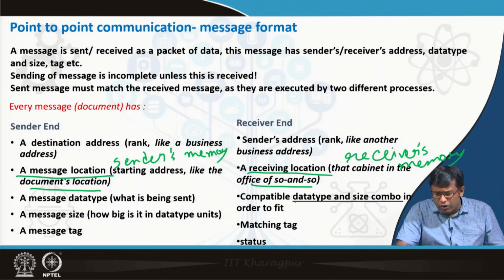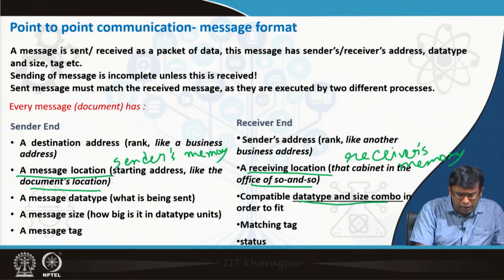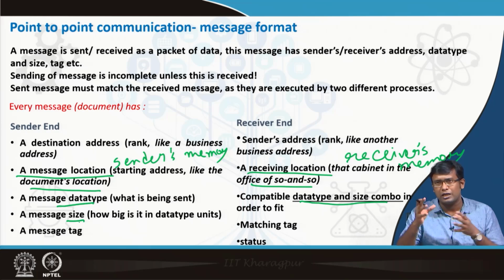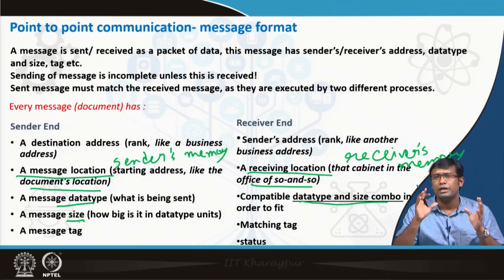It also requires a compatible data type and size combo, so that this particular data of this size can be received. The processor who is receiving it should also give a compatible data type: if the sender is sending an integer, he should be ready to receive the integer, and the size should also match. We know all these things: integer, float, double precision, character, all have a certain space in terms of bytes, in terms of bits.